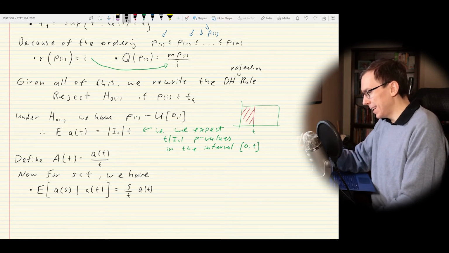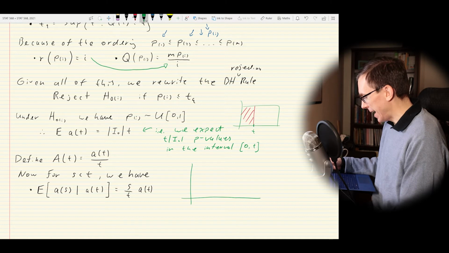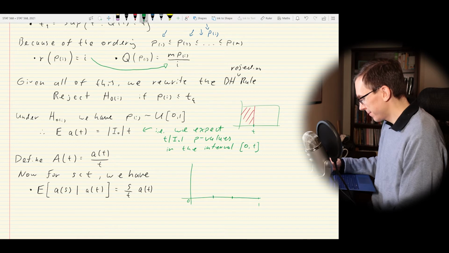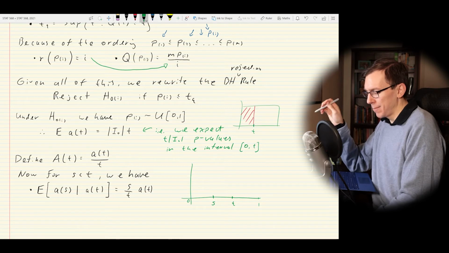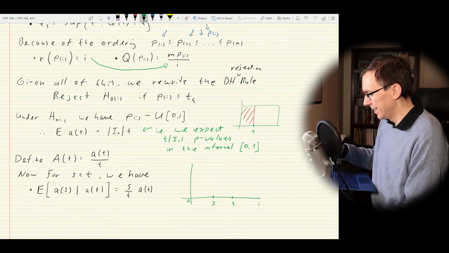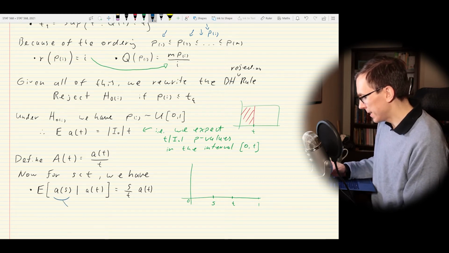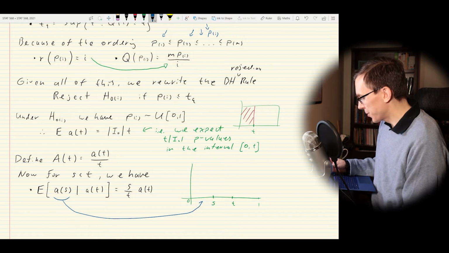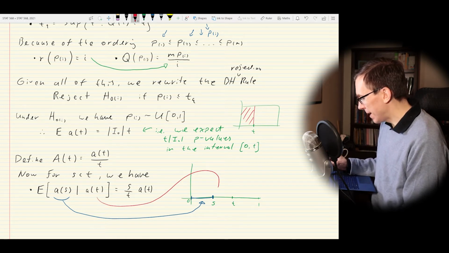Let me draw the picture. If we have, let's say, 0, 1, and t is bigger than s. What's the expected number of false rejections, or p-values, that lie in this interval, given that I already know how many lie in this interval?